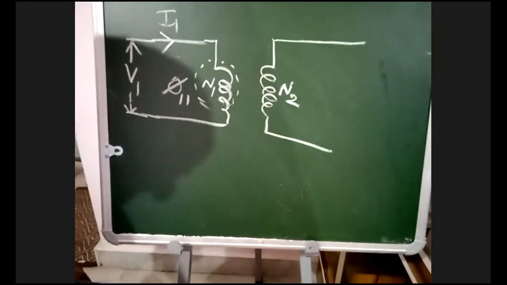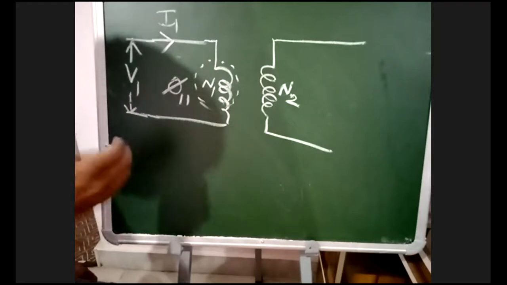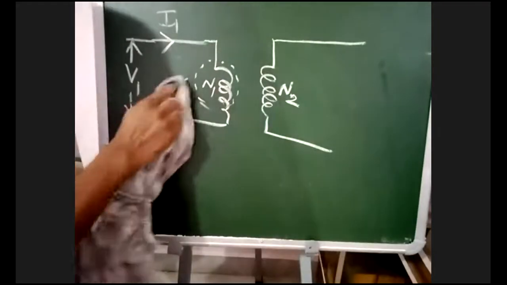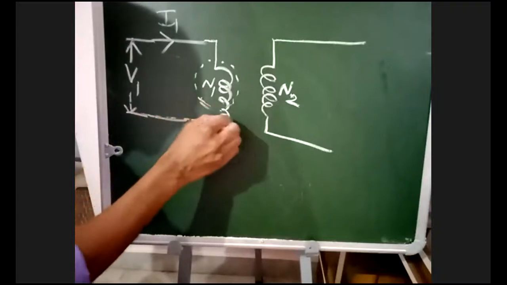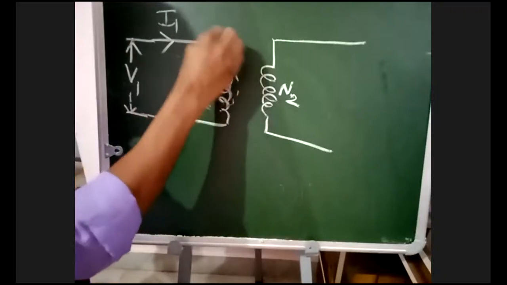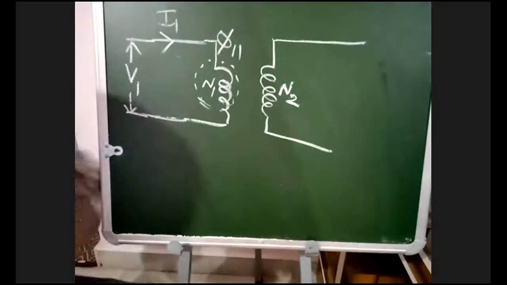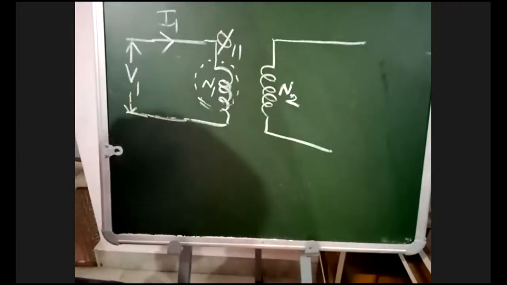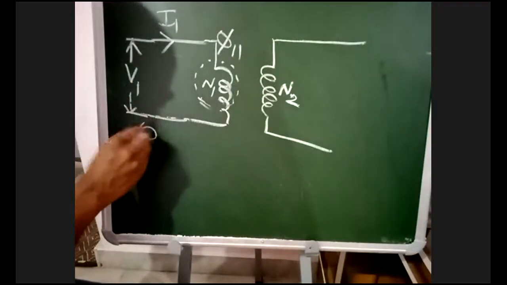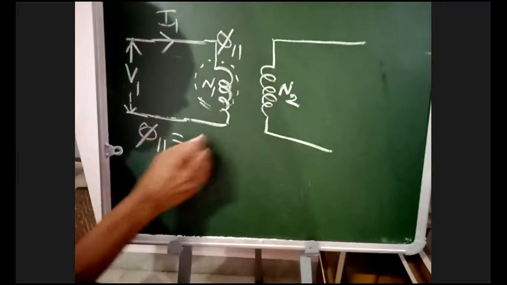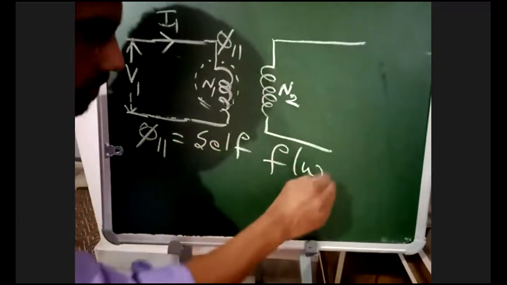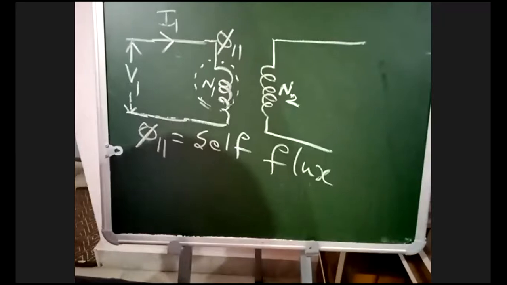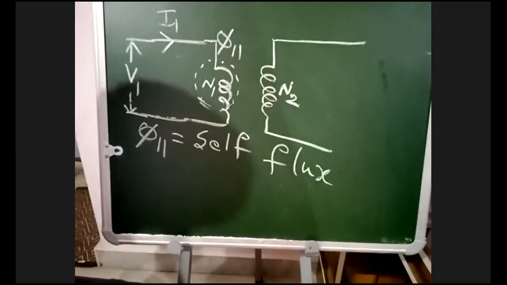I am calling this flux Phi11 in the primary winding. This Phi11 is called self flux.